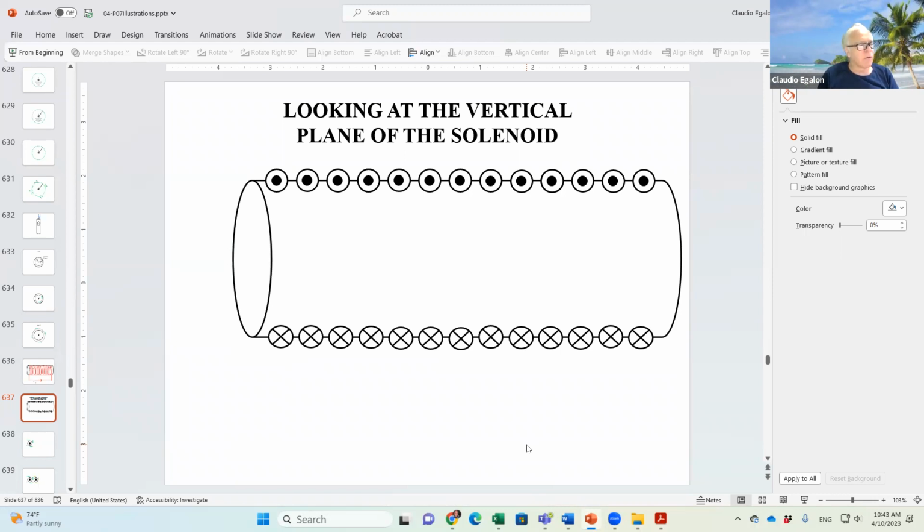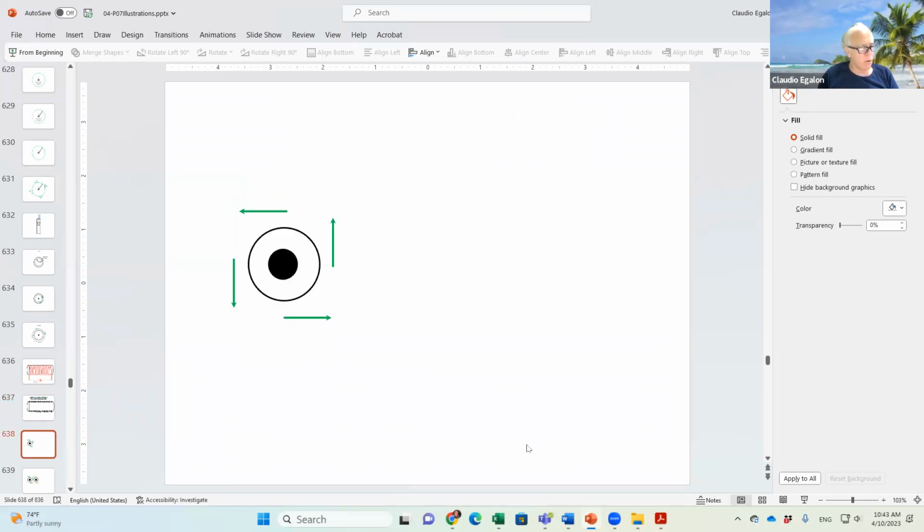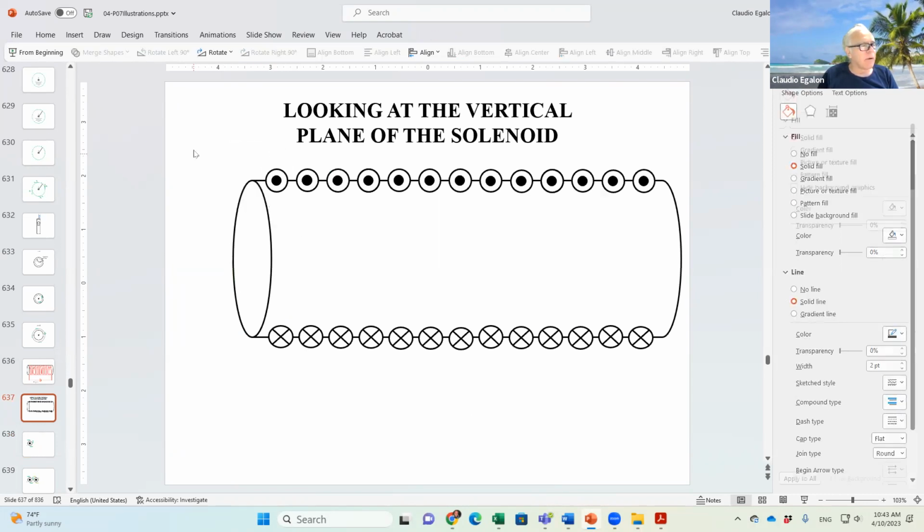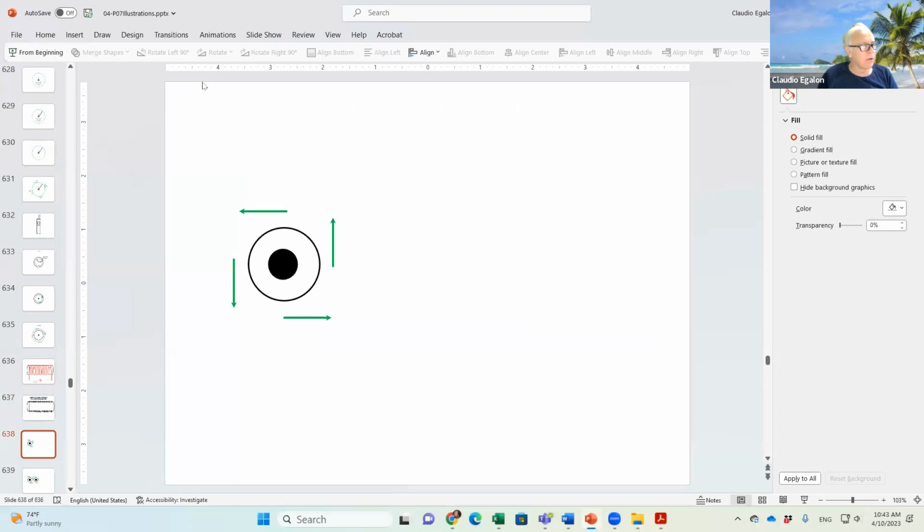The first thing you have to do is look at a single wire. Just concentrate on the single wire right in here. For a very long wire, you already know that the magnetic field circulates around it. And look at the direction. I put the direction in the proper way, so let's start documenting.